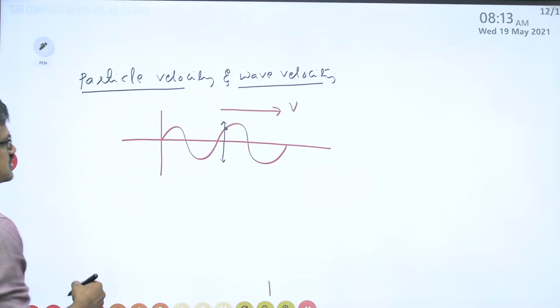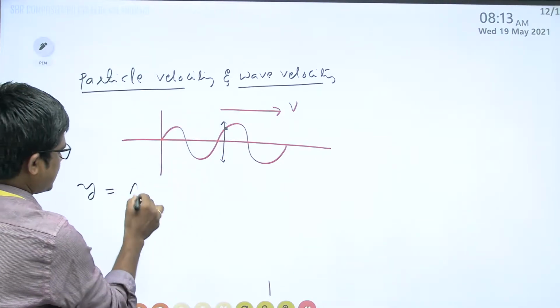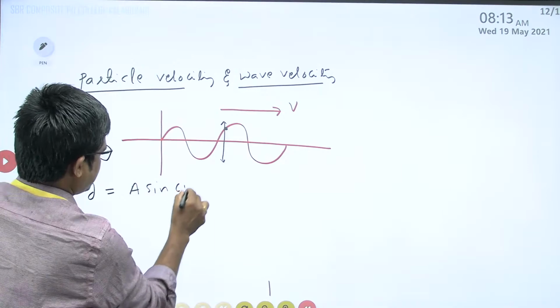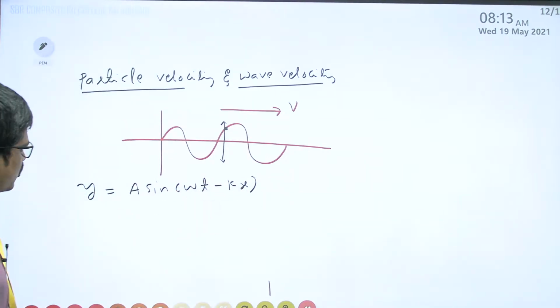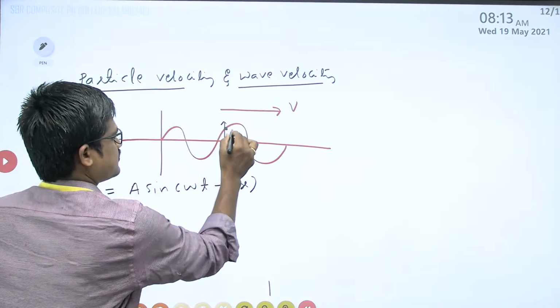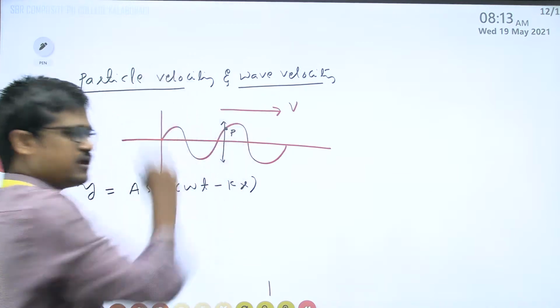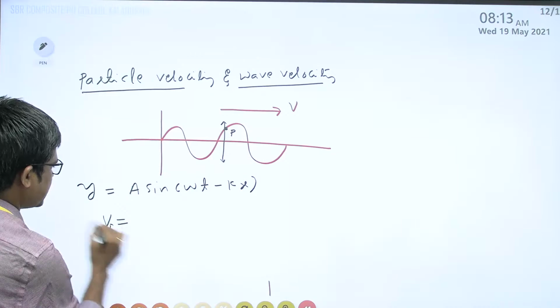Well, you want to know the velocity of a particle of the medium, we use this formula, A sin(ωt − kx). You want to know the velocity of any particular particle which is vibrating simple harmonically, just differentiate it, then you will get the velocity of the particle.